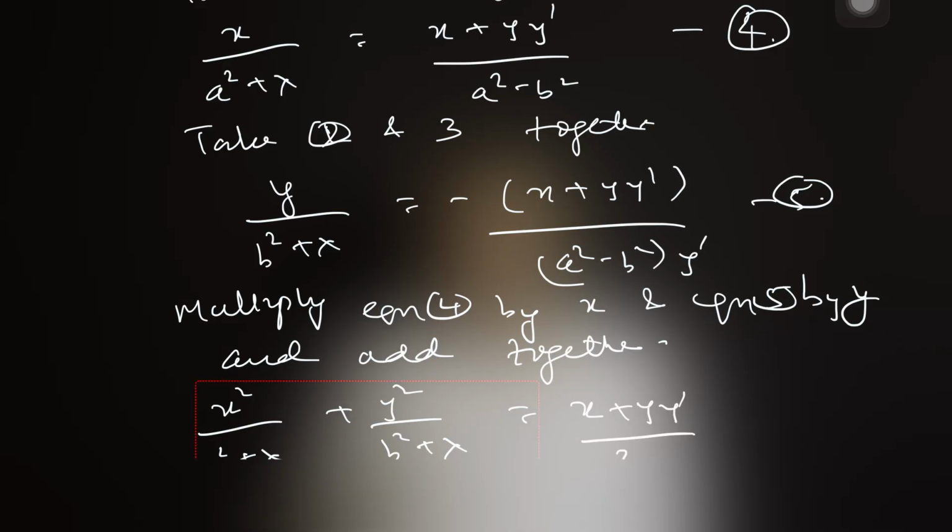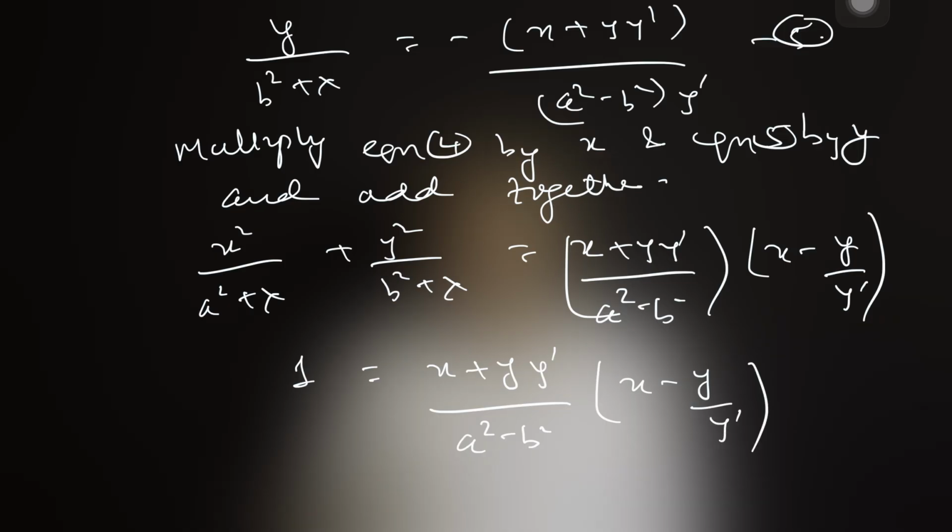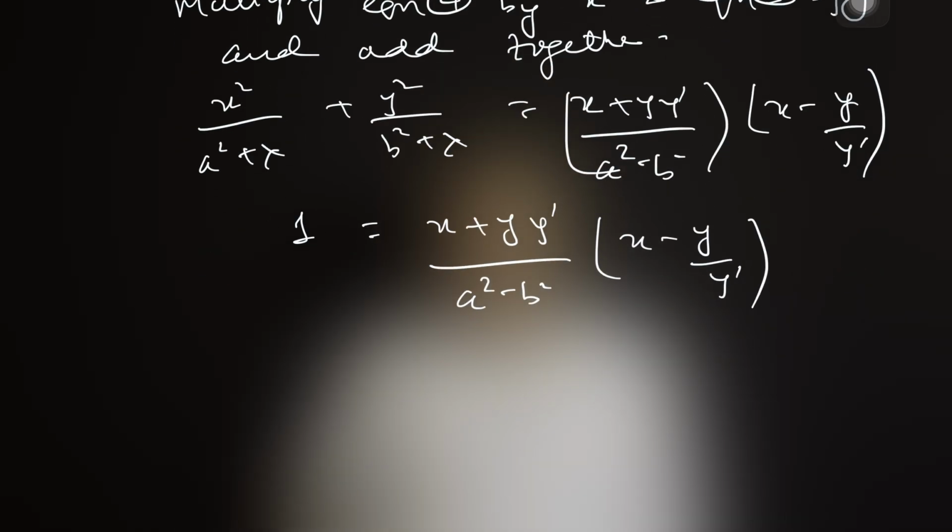So this is your x plus y dash upon a square minus b square, correct? And this is your x minus y by y dash. Okay, and this x square upon a square plus lambda plus y square upon b square plus lambda is nothing but 1. So this is your x plus y dash upon a square minus b square times x minus y dash.